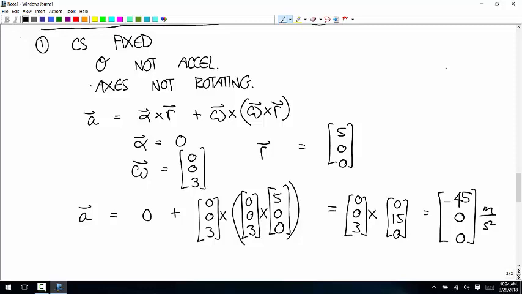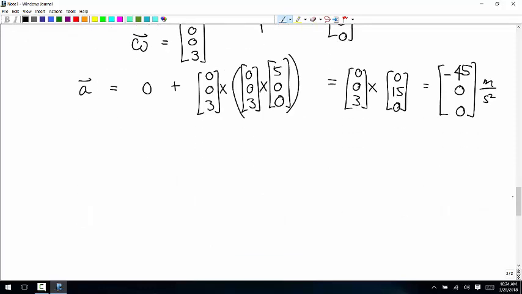Okay, so now, finally, a calculation with a rotating coordinate system.